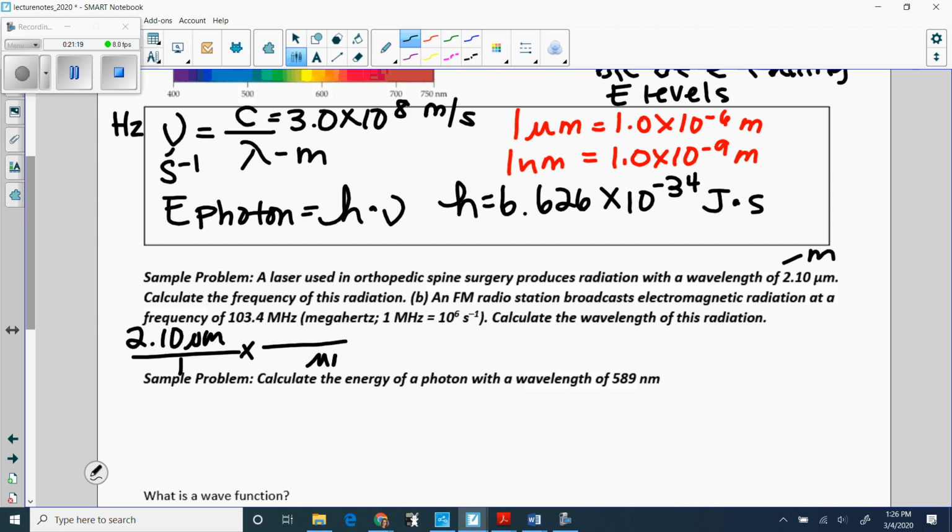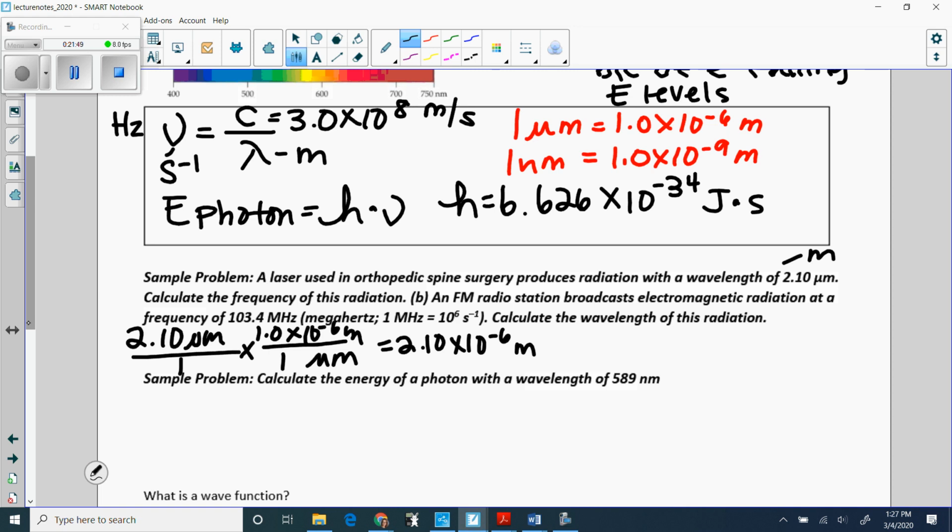Micrometers on top means micrometers above. 1 micrometer is 1.0 times 10 to the negative 6 meters. So we're taking 2.1 times 1, basically. So it's 2.1 times 10 to the negative 6 meters. That was just the conversion, though, so we can actually calculate frequency.